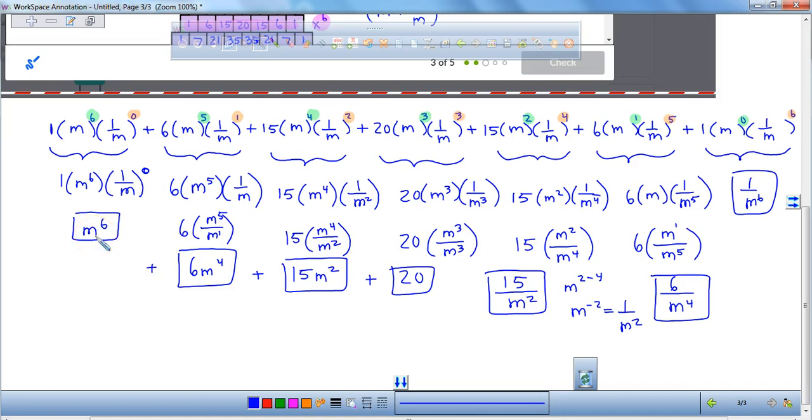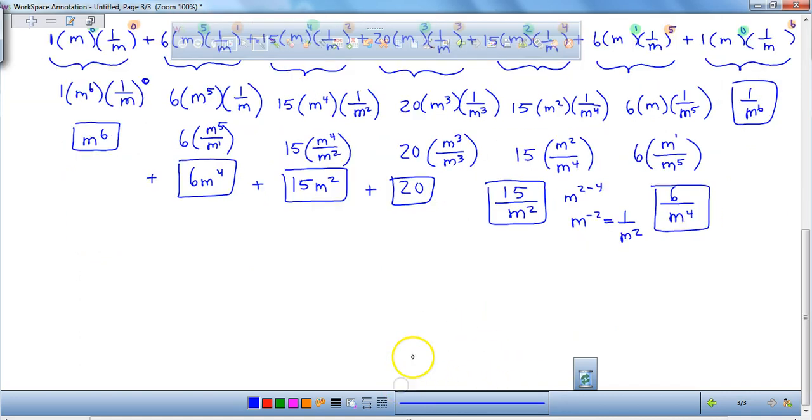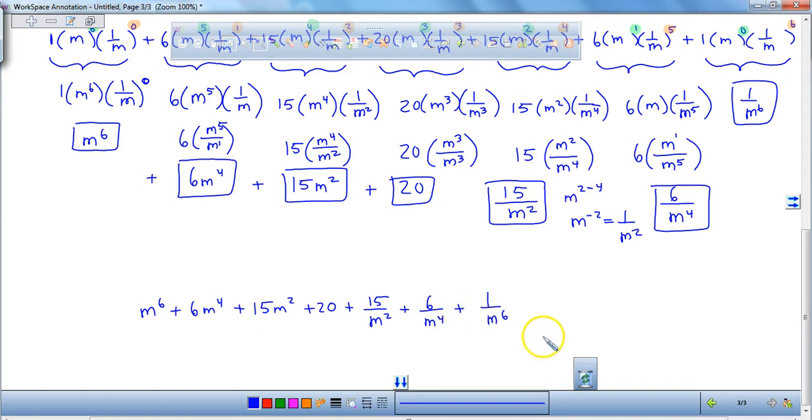Whoa, whoa, whoa. How about this? How about I write the whole answer out so you can see it before I type it in. Here we go. Final answer. m to the power of 6 plus 6m to the power of 4 plus 15m squared plus 20 plus 15 over m squared plus 6 over m to the power of 4 plus 1 over m to the power of 6.